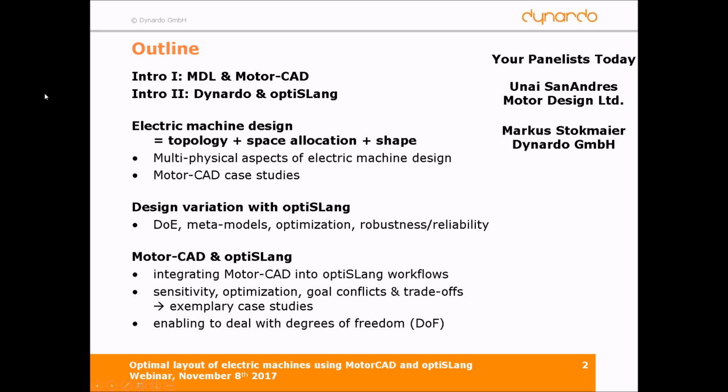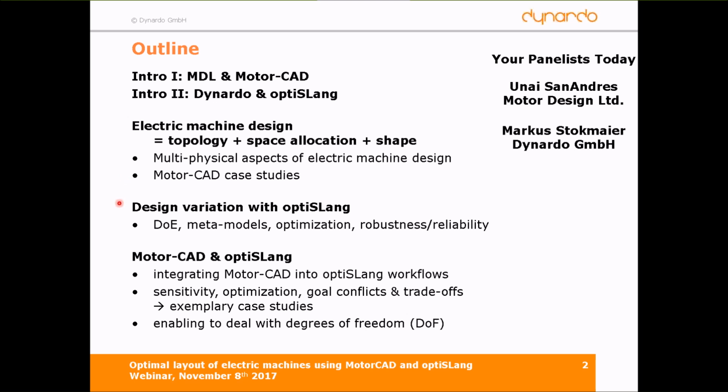So first, this is our outline for today. We'll have a few more words on both our companies, Motor Design Limited and Dynado, and the software products we produce. Then there is the main content: what it's all about, designing electric machines, what the challenges are, how you can design a better or a worse motor.